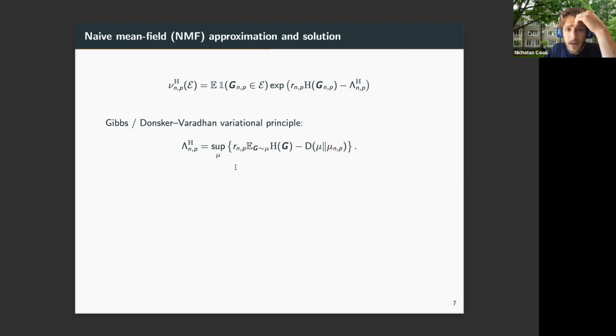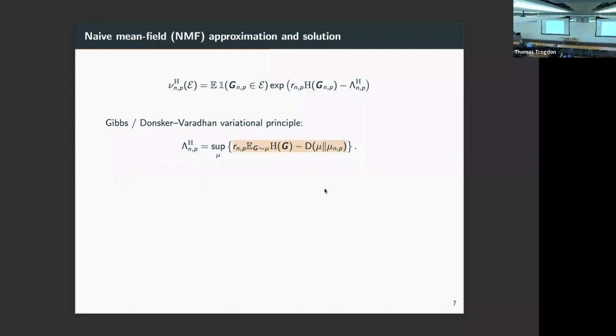So the moment generating function for R times this function under the Erdős-Rényi law is given by optimizing this over all measures mu.